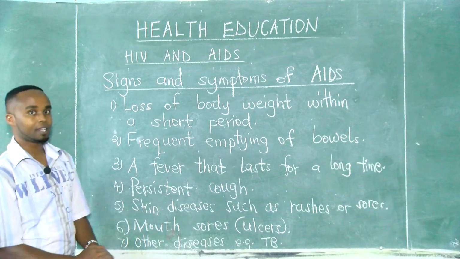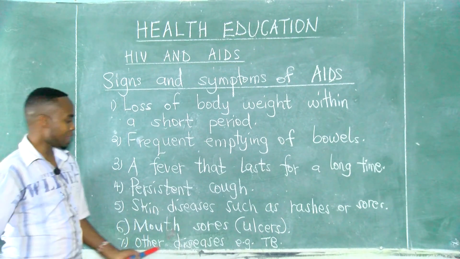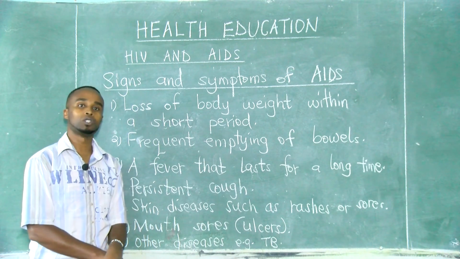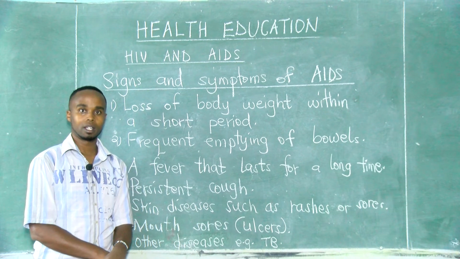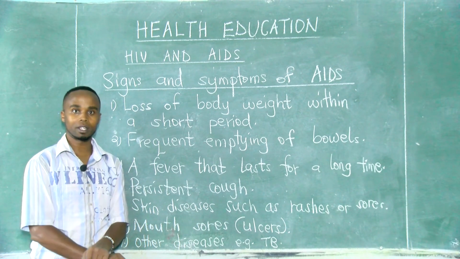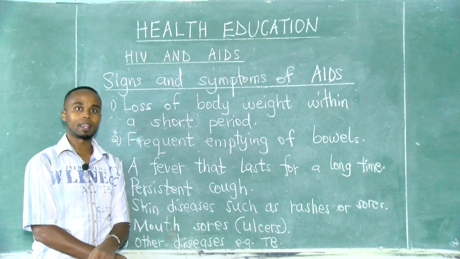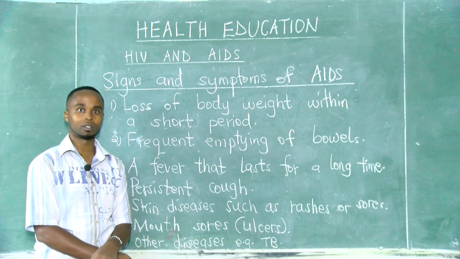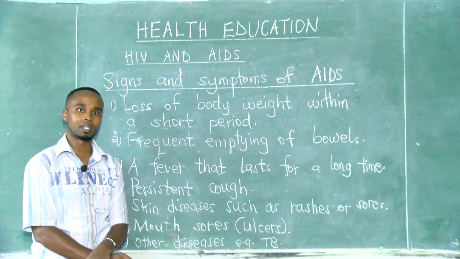That is another sign. Another one is other diseases. In other words, we call them opportunistic diseases. During this time, your immune system is very weak, and other diseases take that opportunity to attack you. We call them opportunistic diseases.